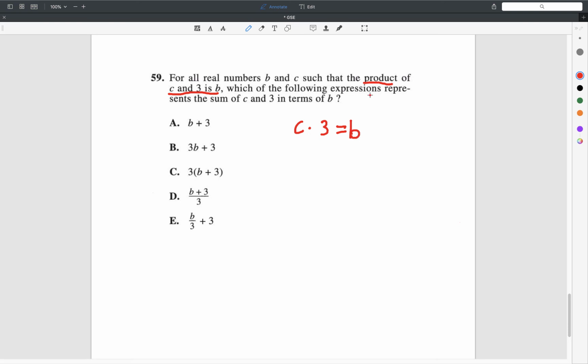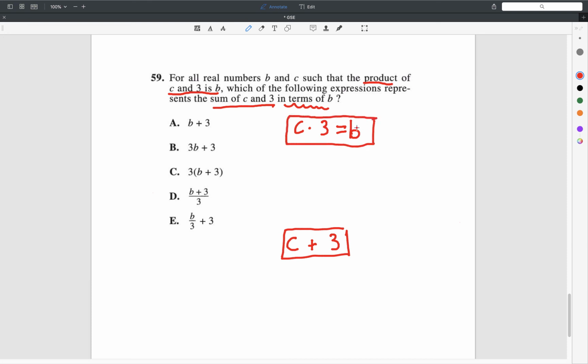And it says, what expression represents the sum of C and 3 in terms of B? So really what we're looking for at the end of the day is the sum of C and 3. But instead of using C, they want us to use B somehow in this final thing. So all we really have to start out with is this piece of information.